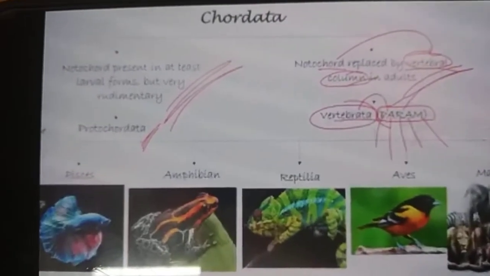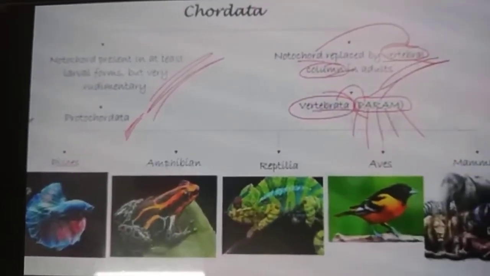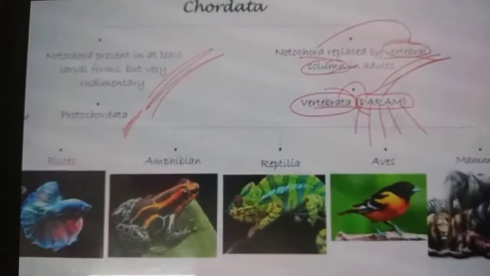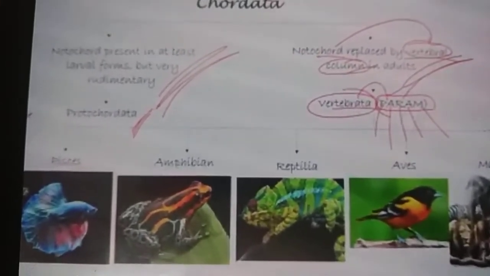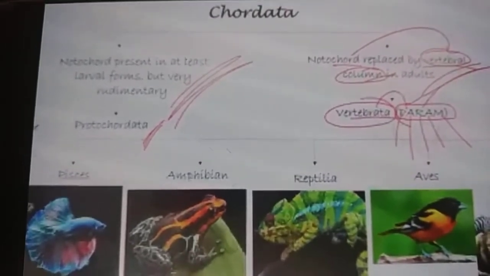As I told you, the next group of the animal kingdom is Chordata. Here the notochord is present, at least in a few stages.